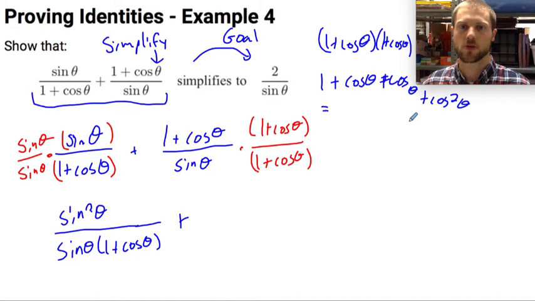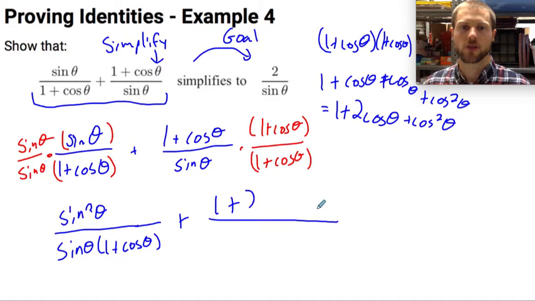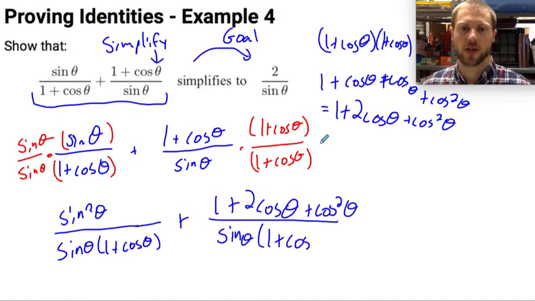So this is equal to 1 plus 2 cosine of theta plus cosine squared of theta. Let me put that down here: 1 plus 2 cosine of theta plus cosine squared of theta over sine theta times 1 plus cosine of theta.